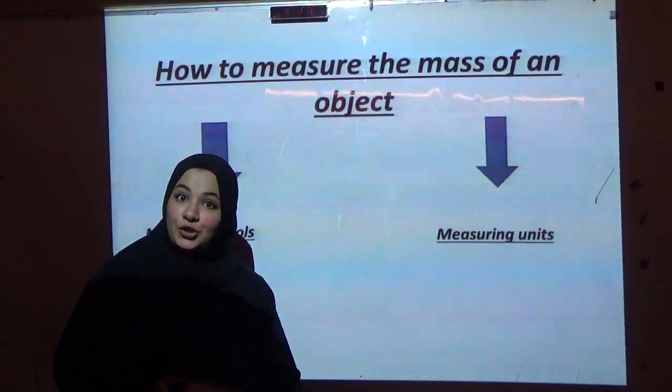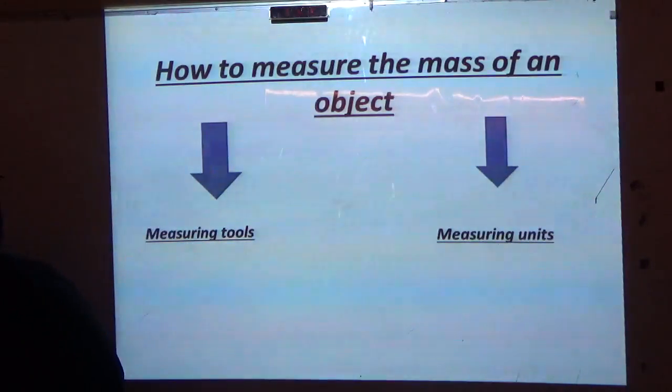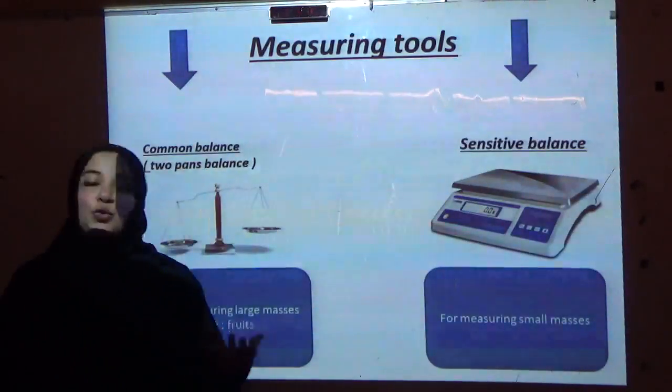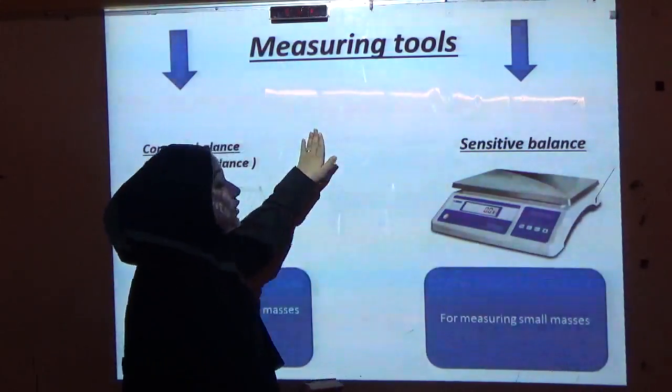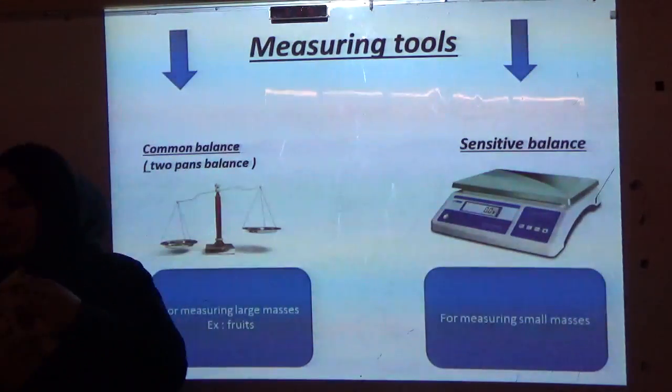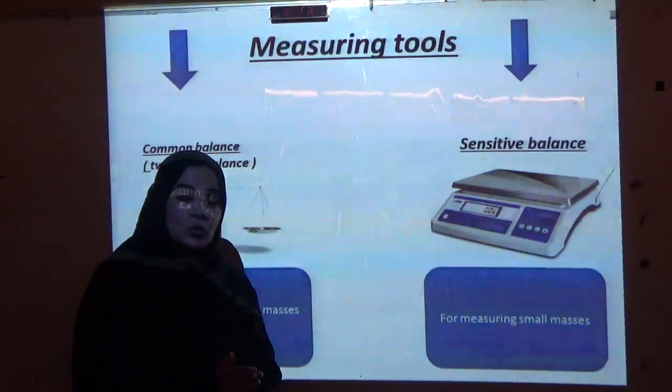Because I have a measuring tool, I should write its unit. Now we will discuss the measuring tools for the mass. What are the measuring tools to measure the mass? I have 2 main measuring tools.